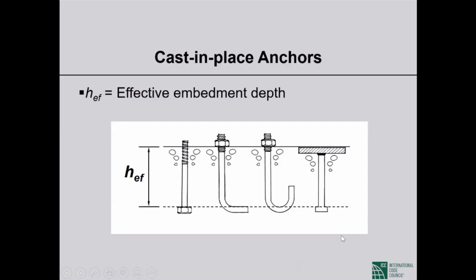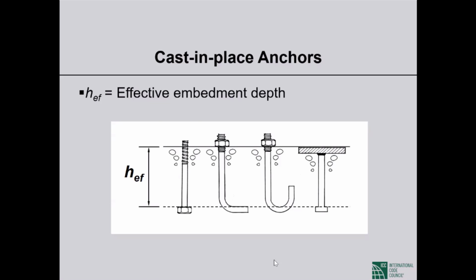This is a hooked bolt, can be L or J bolt, and this is a headed stud. The head is welded to the shaft. So here it is a bolt, here it is a welded connection between the head and the shaft. So this is a welded stud, this is a headed bolt. All of that is within the scope of the appendix.